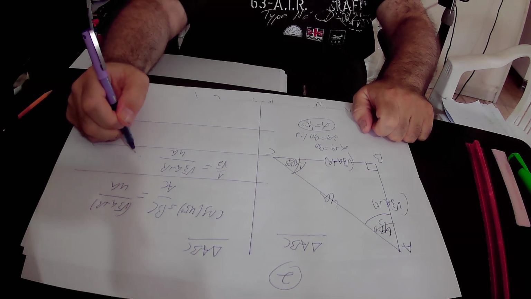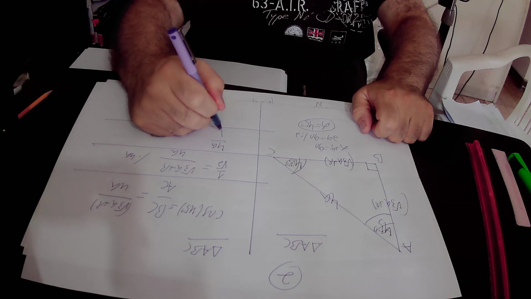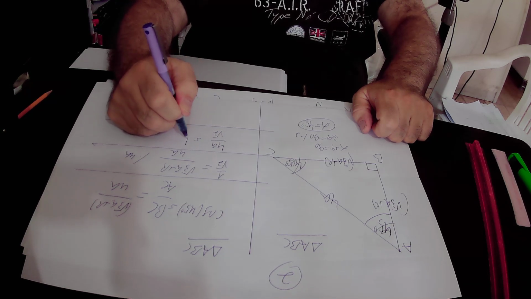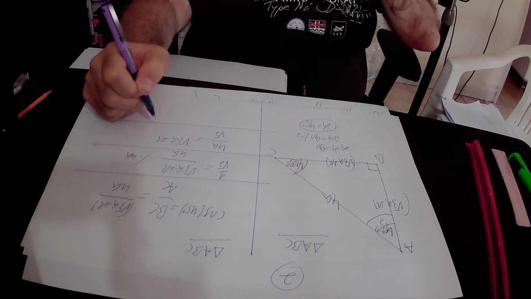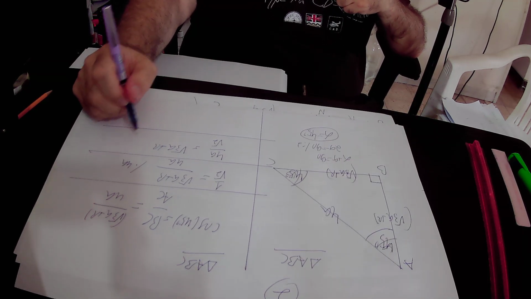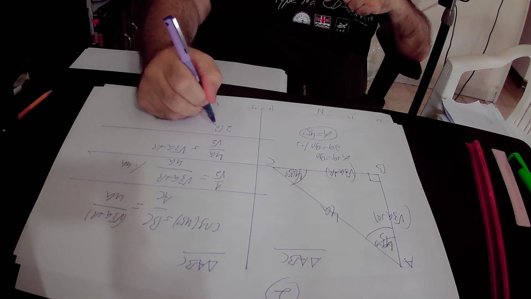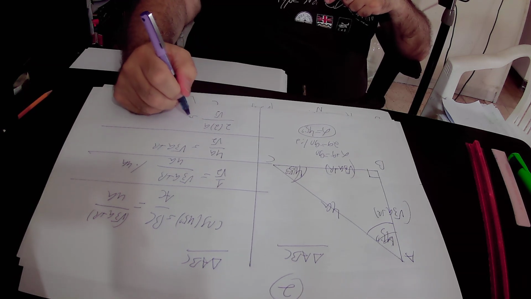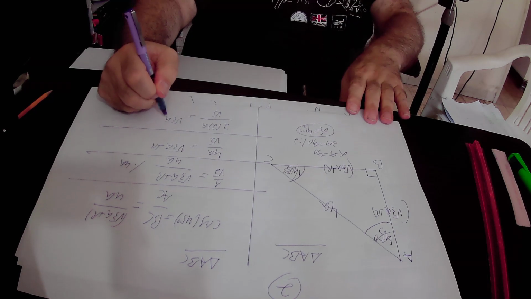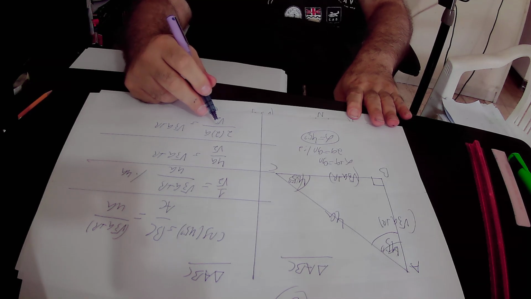Here we multiply this equation by 4a, and we get that 4a over square root of 2 is equal to the square root of 3 times a plus r. Here we substitute 4 by 2 times 2, and we get 2 times a over square root of 2 equals the square root of 3 times a plus r. Now we substitute one of the 2's by square root of 2 times square root of 2.